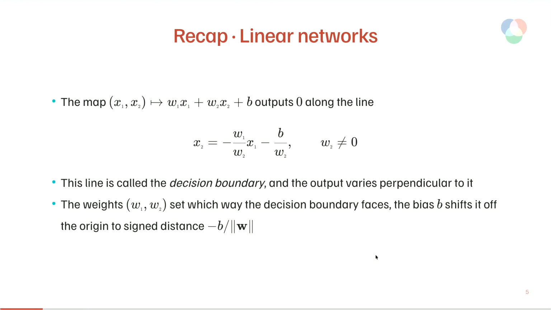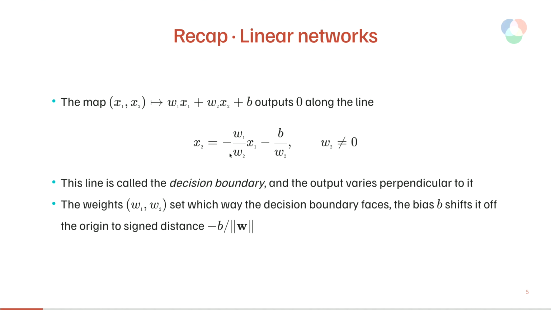In particular, if you then look at the places where this simple network constantly outputs 0, you just take this equation, you set it to 0, and you solve it, and then what you get is something like this, where X2 is this factor times X1 minus this constant, and this should look awfully familiar to everybody in here, because that's just the parameterization of a line, right?